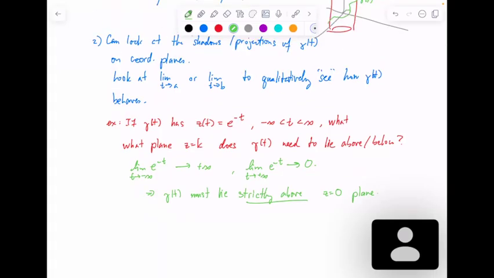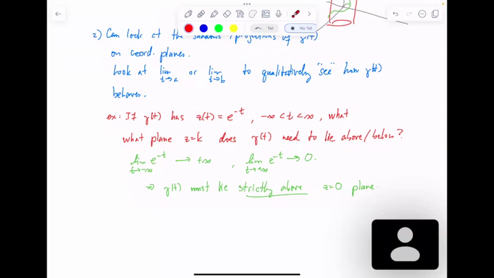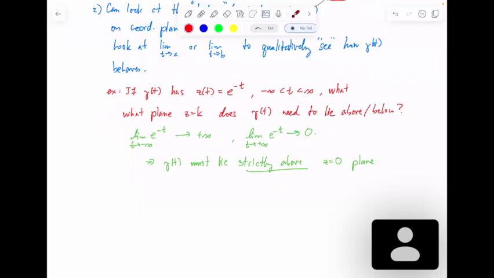This is the type of behavior that you have to be able to understand from our discussion last time. Another fair question I could ask is, suppose I gave you another parameterization of a different curve, with possibly a different function z of t, but with the same asymptotic behavior in t. So for example, let's say z of t is minus 1 over t. Then you should also be able to deduce what the asymptotes are.